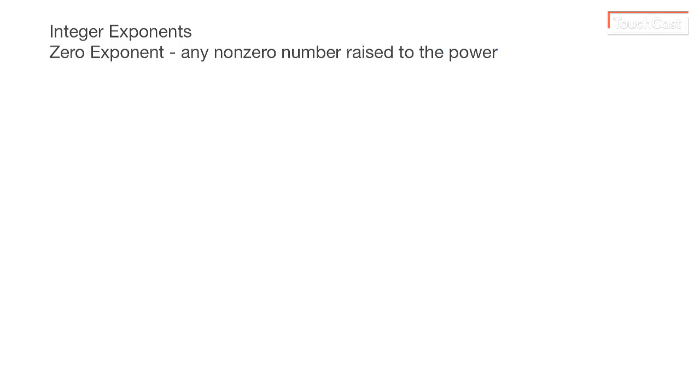The first rule we're going to look at is the zero exponent. How we would phrase this is, any non-zero number raised to the power of 0 is going to equal 1.